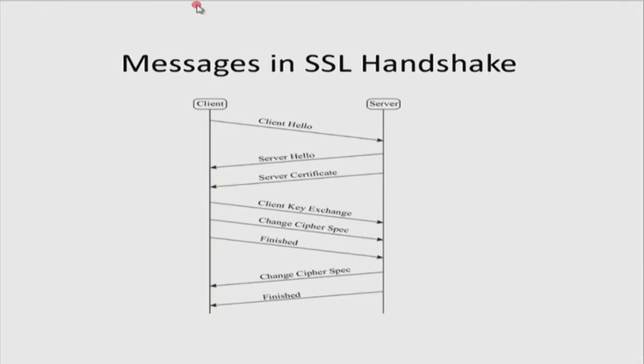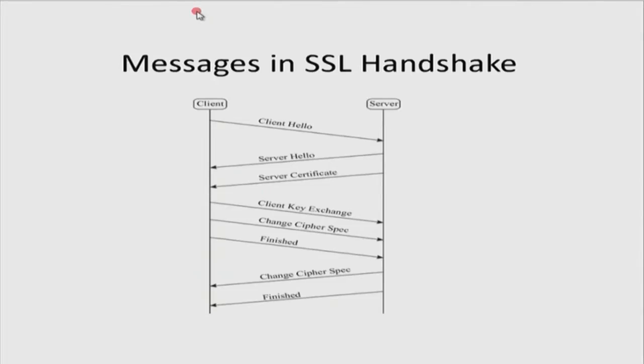Just because from the other end I get a certificate which has the server's name on it doesn't at all mean that I'm really talking to the authentic server, because that server certificate is all over the place and anybody could use it and send it to you and you would think it's the bank that you want to talk to. So clearly that's not enough, just producing the certificate in this message. You need to actually prove that you are the owner of that certificate. You are indeed the principal whose name is mentioned in that certificate.